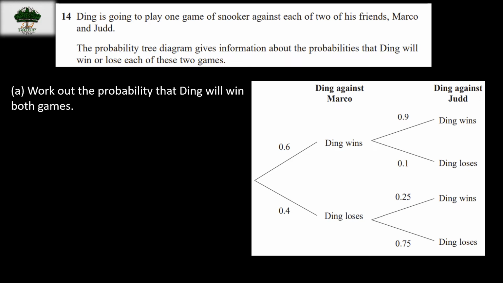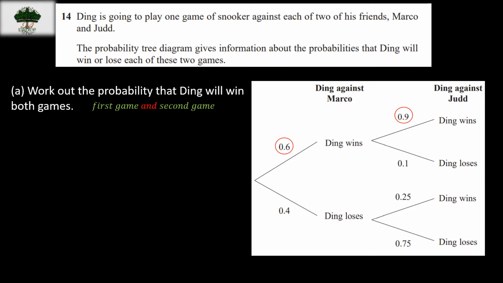The keyword here is "both", and both always means intersection. So we are talking about him winning the first game and the second game, in both games. That means 0.6 and 0.9. These are two independent events, that he wins the first and the second game.